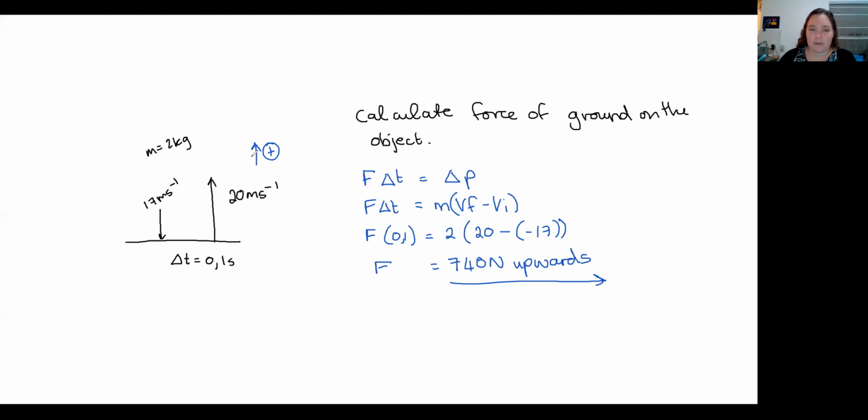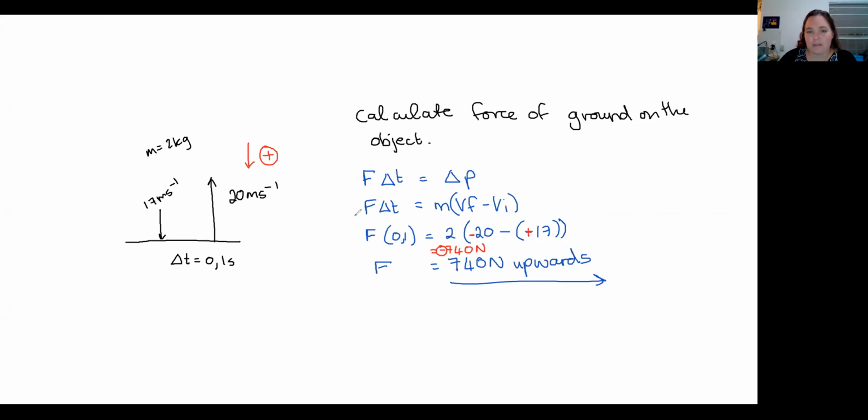There was one question here which said, if you made downward positive, would you still say upwards in the final answer? The point is that if you'd made downwards positive, your entire direction sign would change. If I'd instead made downwards positive, then this would have been negative 20 final velocity, and this would have been positive 17, which means my answer would have come out as negative 740 newtons.